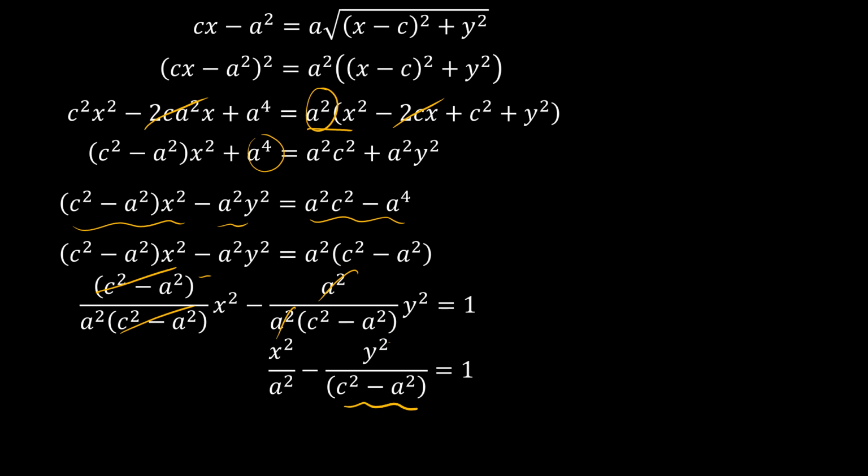And if we set c squared minus a squared to be b squared, then we have a general formula for a hyperbola whose axis is coincident with one of the major axes, but specifically here we're looking at the x-axis shown here.